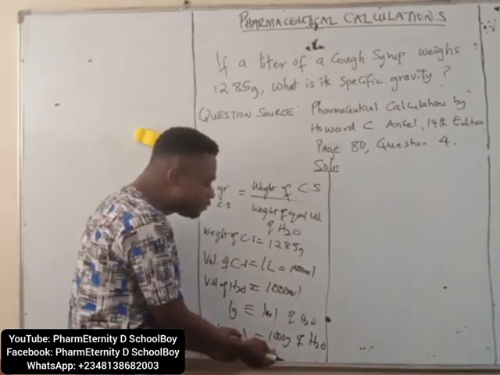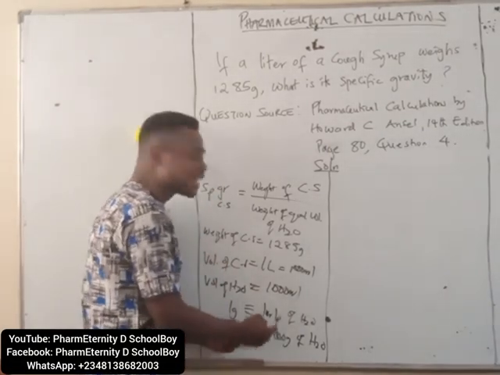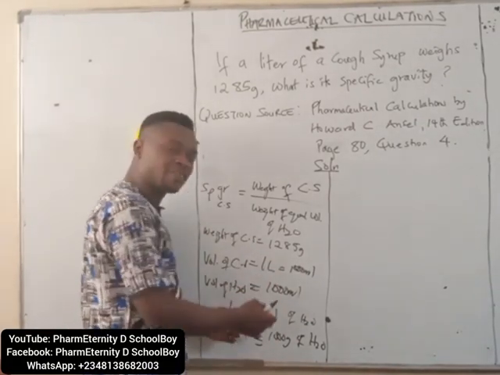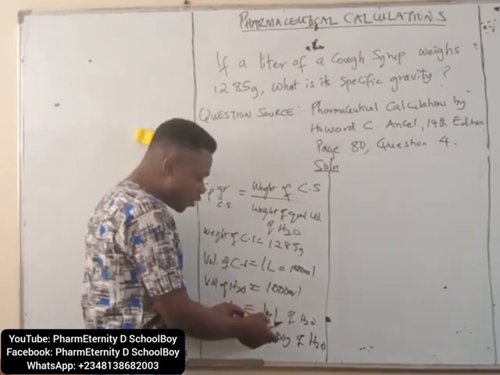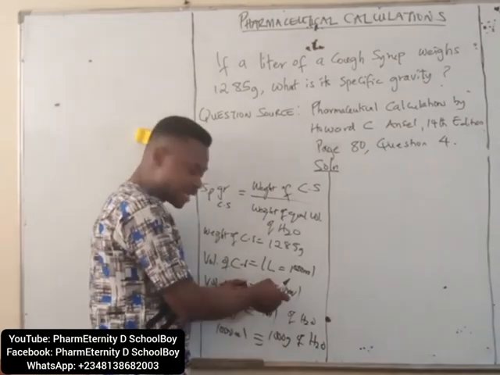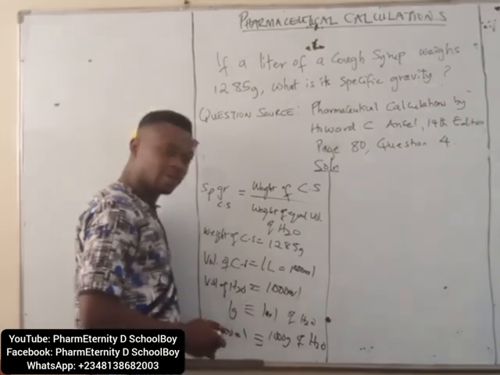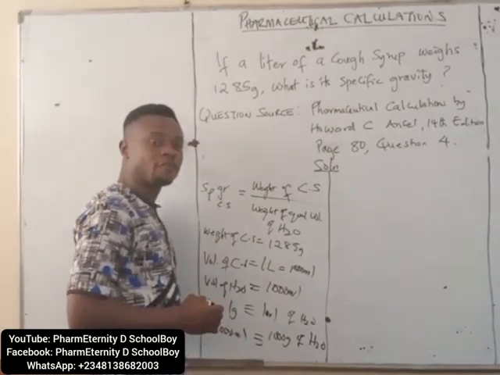So this is the weight of water that has the same volume as the cough syrup. Because the volume of the cough syrup is 1,000 ml, the volume of this water is 1,000 ml, and the weight of this water using this relationship is 1,000 grams. So we have gotten the weight of equal volume of water.